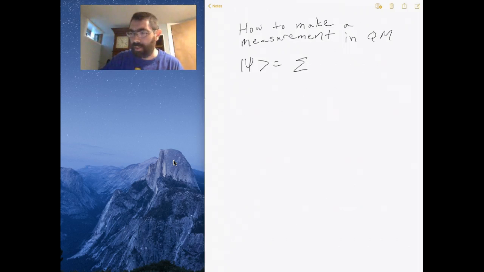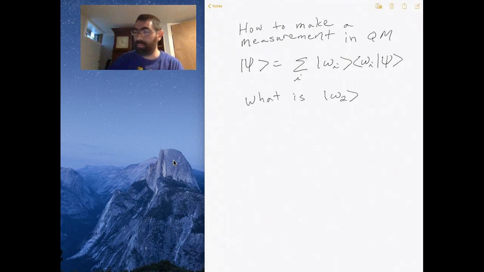write down as the sum of all possibilities, omega sub i, projected onto that basis psi. And if we want a particular measurement, so what is omega 2, what's going on there, then we have to project it onto psi, which I've defined as the wave function.